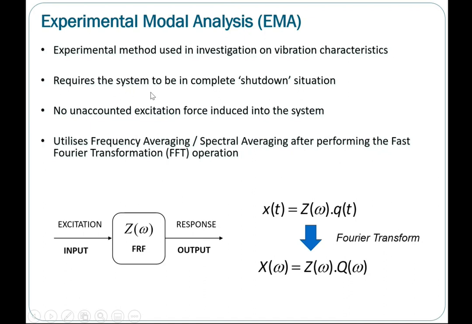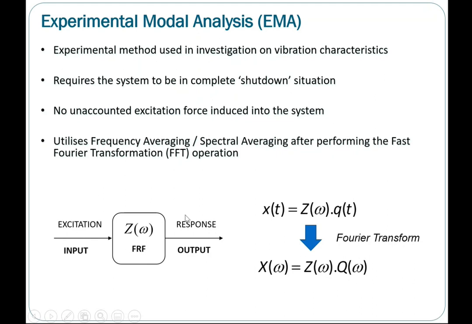Of course, it requires the system to be shut down. Because you want to extract this so-called system information, you have to give known inputs and measure the output or the response due to these known inputs.